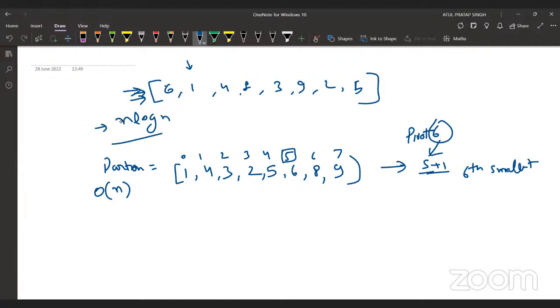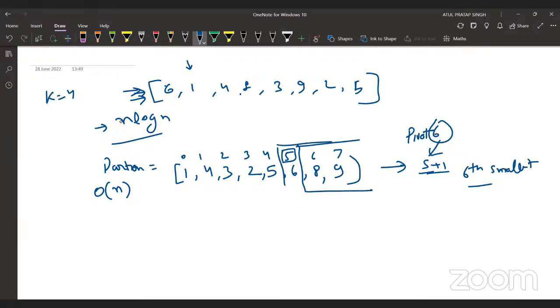For example, if we are finding k equal to the fourth smallest element, after one partition process the position returned for the pivot is the sixth position. So we can say that this 6 is the sixth smallest element. So we will discard this part completely.